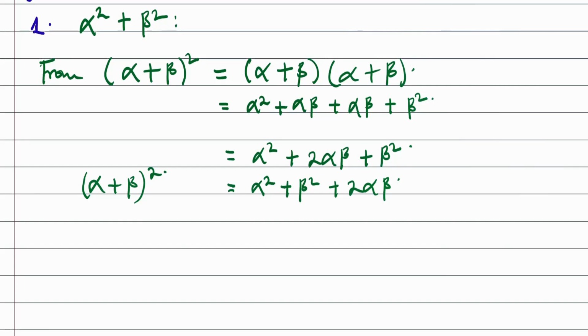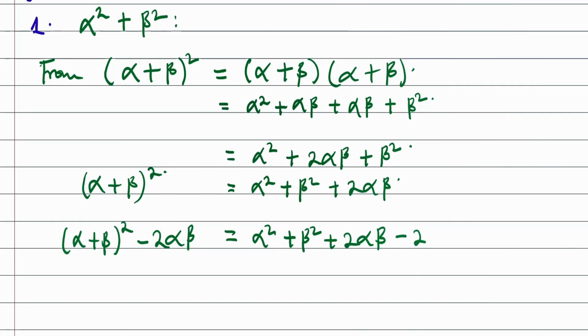So we are going to have alpha plus beta, the whole of it squared, minus 2 alpha beta, equaling alpha squared plus beta squared plus 2 alpha beta minus 2 alpha beta, because we have subtracted it on both sides.